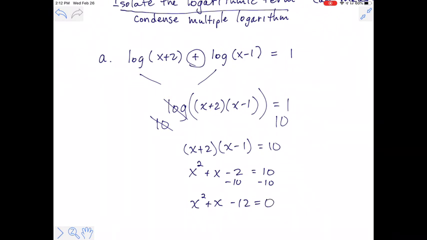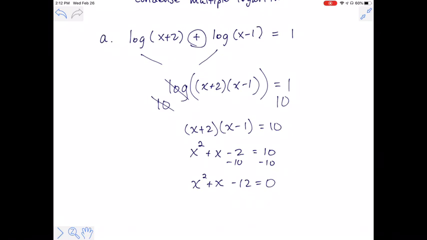So now that we have a quadratic equation equal to 0, we can solve it, and there's really 2 ways we've been using in this course to solve quadratic equations. One way is by factoring, the other way is the quadratic formula. This one, luckily for us, factors to x plus 4 times x minus 3.